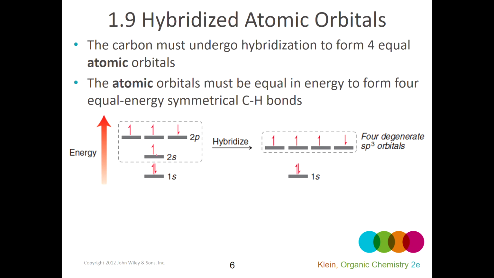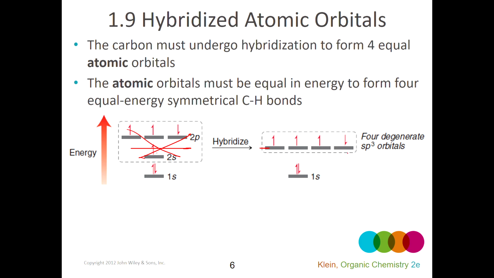When this happens, so-called hybridization of the carbon atom, we go from the normal 2s and 2p's that we would normally think of from general chemistry, and they don't exist anymore. They're wiped out from existence, and they get formed into new sp3 orbitals. These orbitals still hold the four electrons that were there. The energy or stability of these orbitals is intermediate. It's between the higher energy, less stable p orbitals and the lower energy, more stable s orbitals.